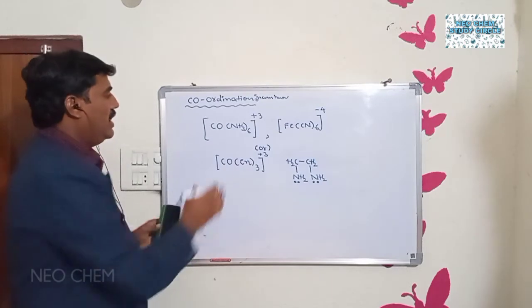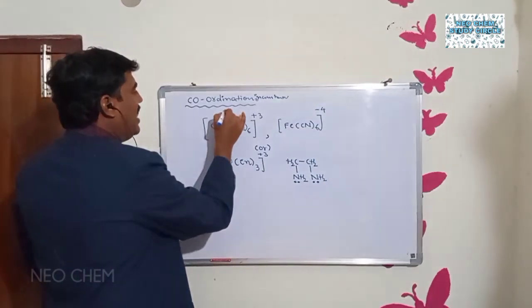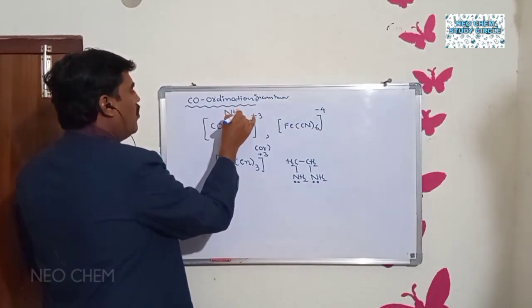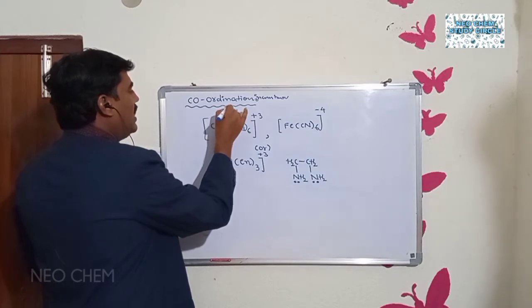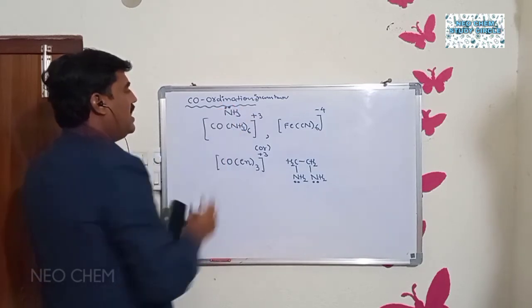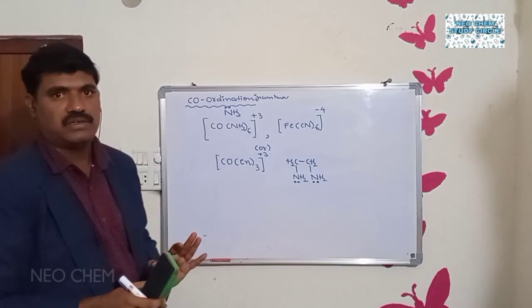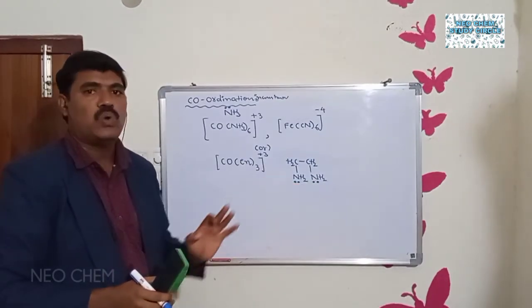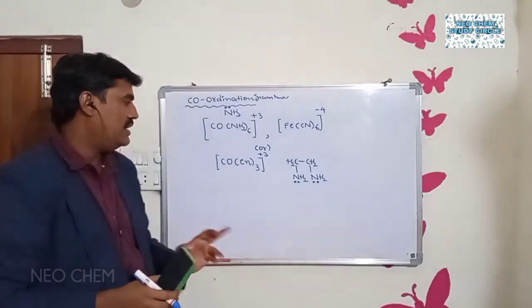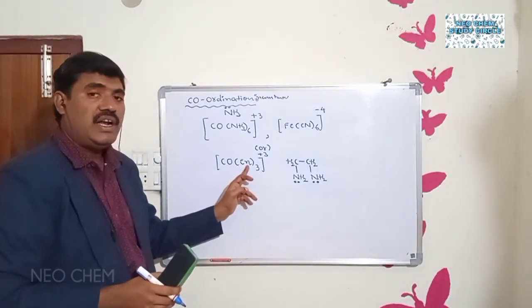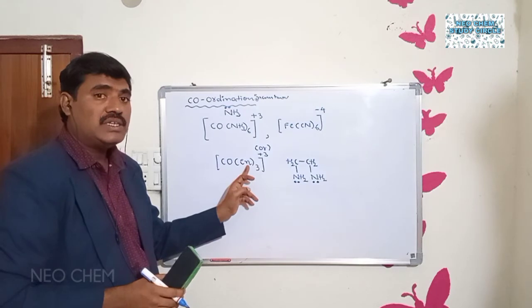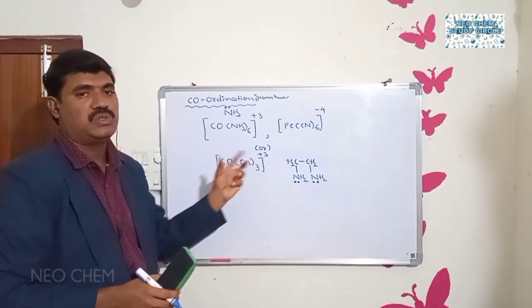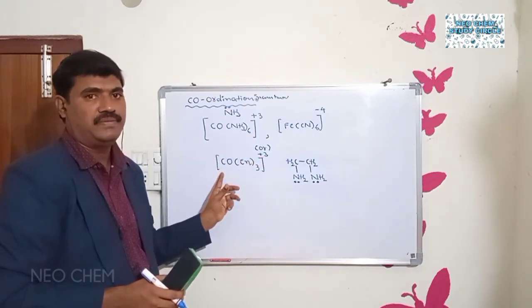Now, here amine ligands have only one electron donor atom. But in the ethylene diamine ligand, there are 2 electron donor atoms. That is, each ethylene diamine ligand donates 2 lone pairs of electrons to the central metal atom.